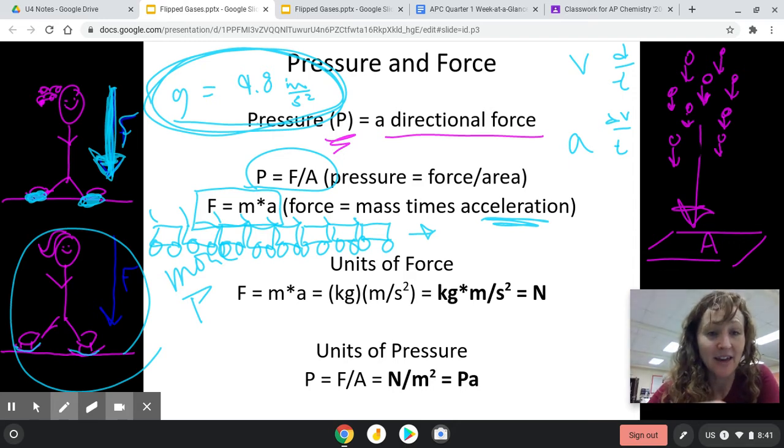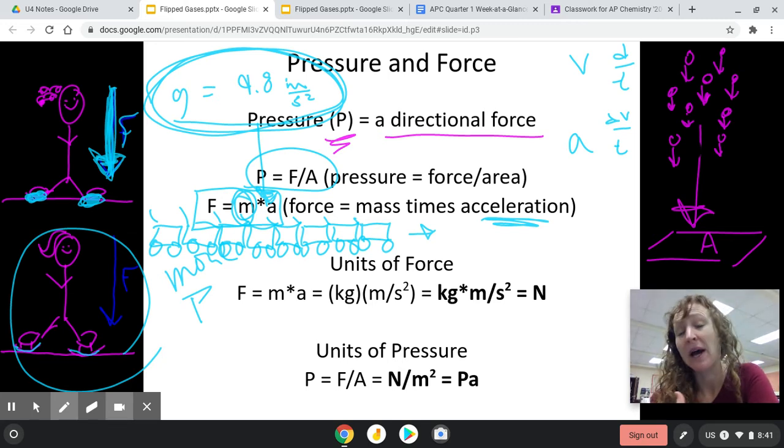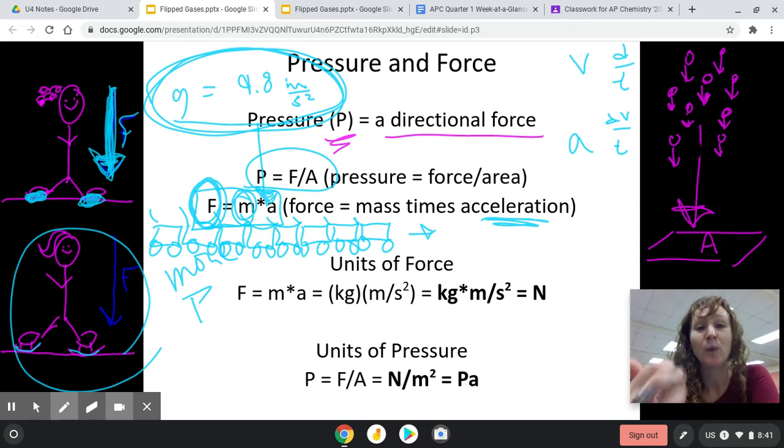That's our A. And then the mass is your body mass. We tend to say body weight. It's kind of a misnomer, but you get the idea, right? So it's your body mass multiplied by how fast gravity causes something to accelerate. And that's what we get as our force, or our body weight.